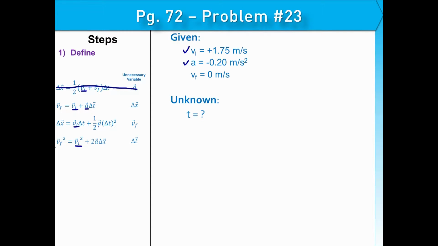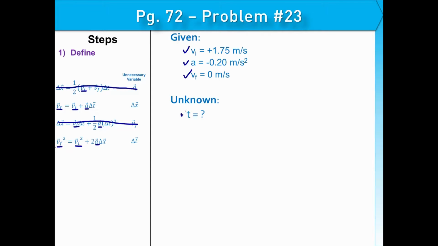Acceleration appears here, here, and here in the other three equations. Next, final velocity. Final velocity appears here, so I may have to use that equation. It does not appear in this equation, so I'll eliminate this one. And final velocity appears in this one, so I can possibly use the fourth equation.